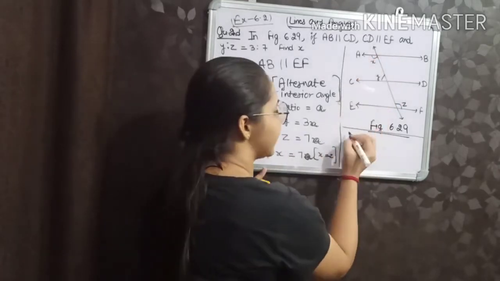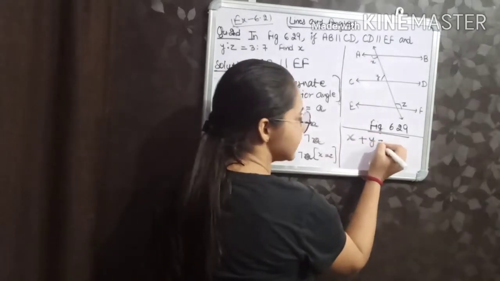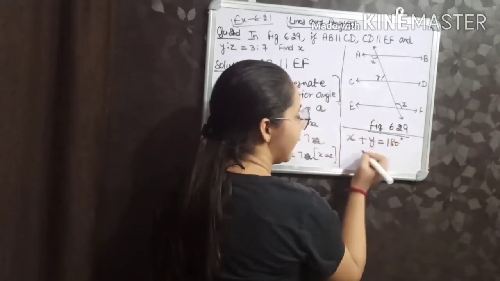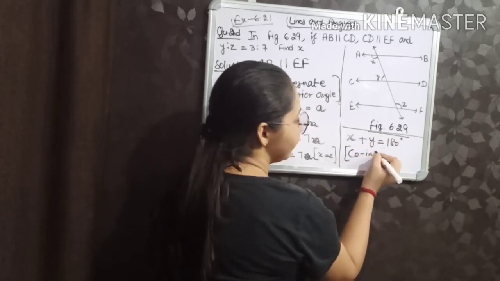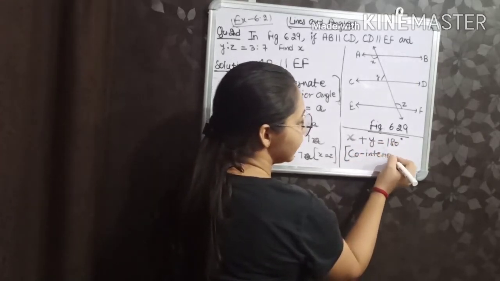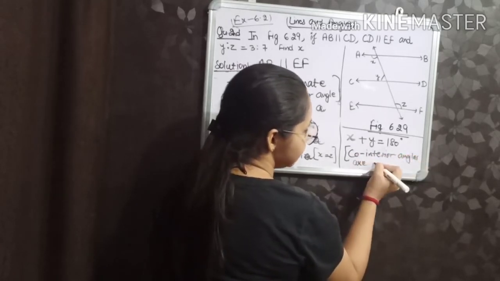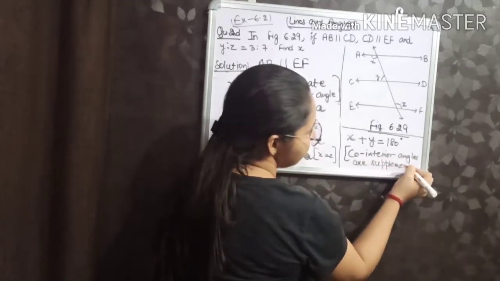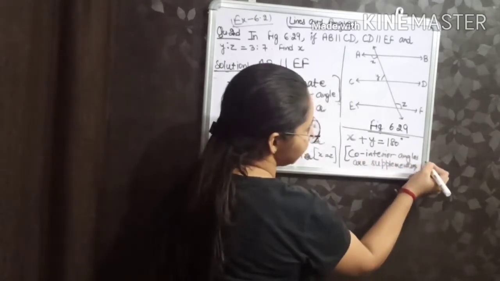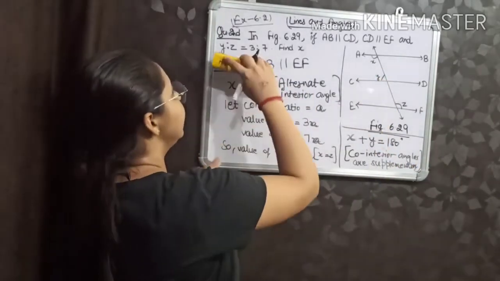So I can say that angle X plus angle Y is equal to 180 degrees, and the reason is because co-interior angles are supplementary.